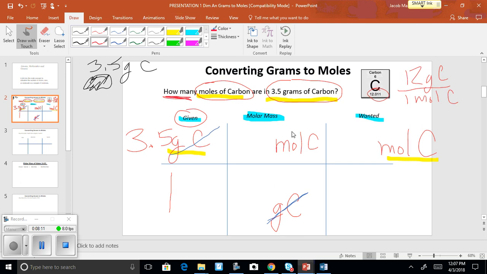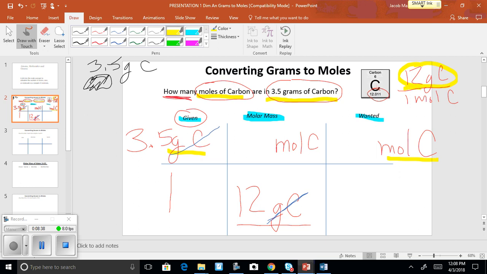Now, once again, in this problem right here, the moles is on the top and the grams is on the bottom, and that's fine, as long as the numbers match up. Now, how many grams of carbon do I have? I have 12 grams of carbon. So up here in the problem, I'm going to write my number 12 on the bottom because it's 12 grams of carbon.